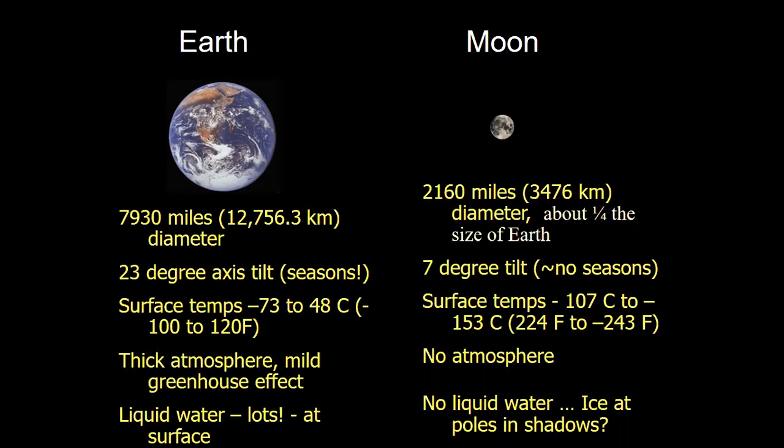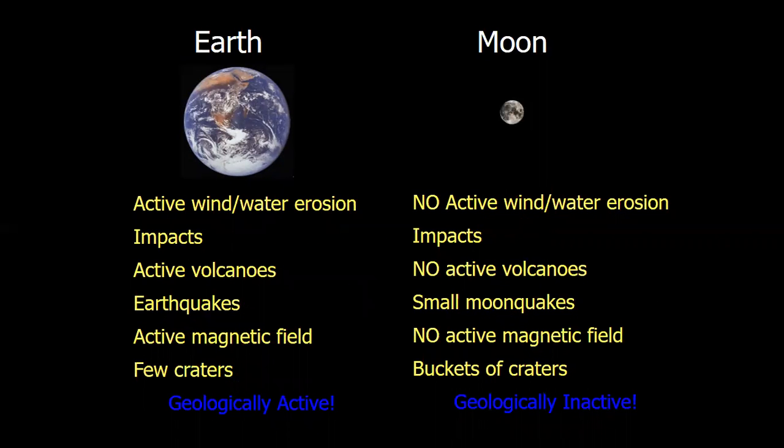But still, it's not confirmed. On Earth, active winds and water erosion are there, but on the Moon, there's no active wind or water erosion. There's no water and no thick atmosphere on the Moon.